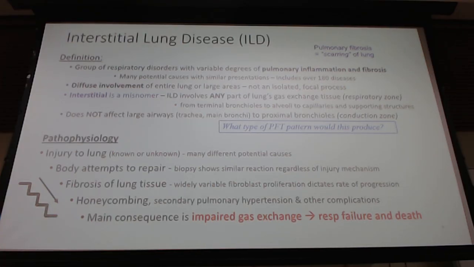Apex, lower lobes, it involves all of them. We'll talk about this term honeycombing, which is a radiology term because of how those changes appear on imaging. We'll show you what that looks like. And the main complication of this is you lose the function of the lung, which is to exchange gas. It impairs respiratory gas exchange and leads to death.